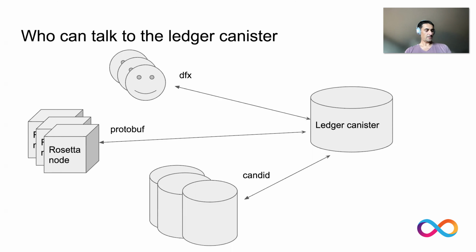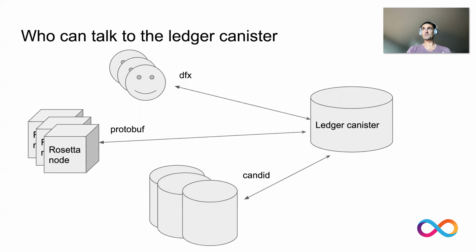Rosetta nodes are ledger canister clients which can be run externally to the IC. Their raison d'etre is, number one, to mirror the state of the ledger canister in the trust domain where they are being run, and number two, to allow whoever is running the Rosetta node to interact with the ledger canister.